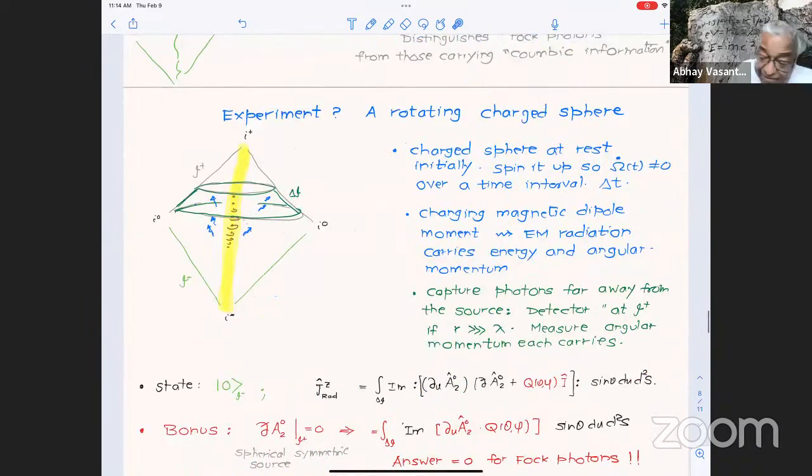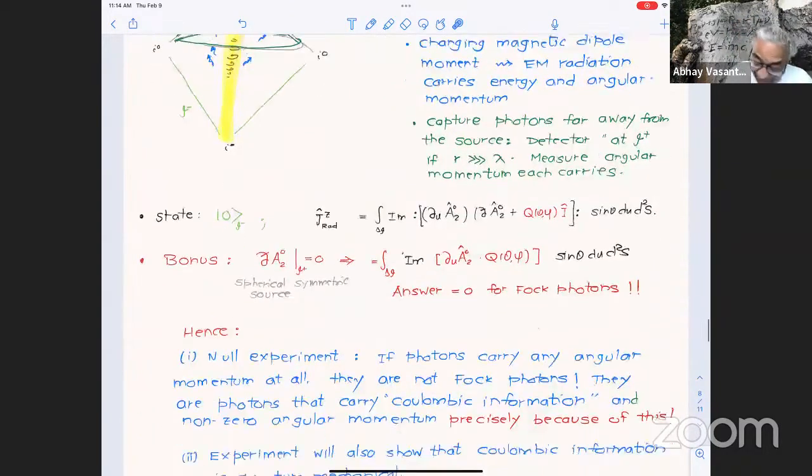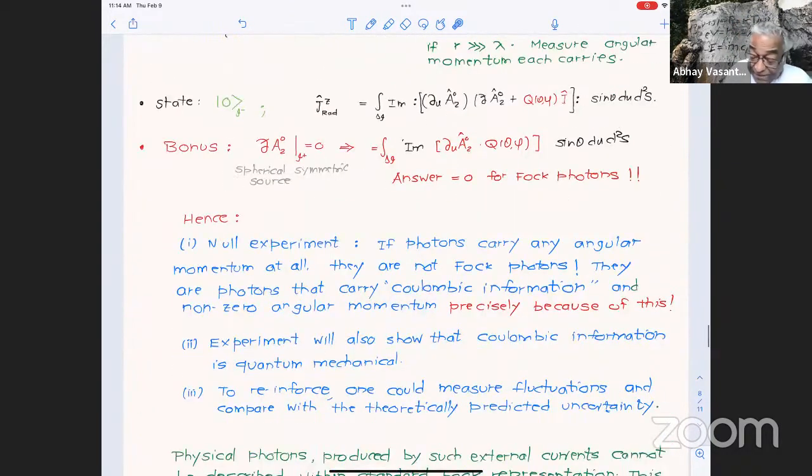Now, the classical theory says yes, the classical waves carry angular momentum. So this angular momentum cannot just disappear, so the photons must carry angular momentum. I'm completely convinced that you will find that these photons are carrying angular momentum. The angular momentum is completely non-zero, completely because of this Q of theta and phi.